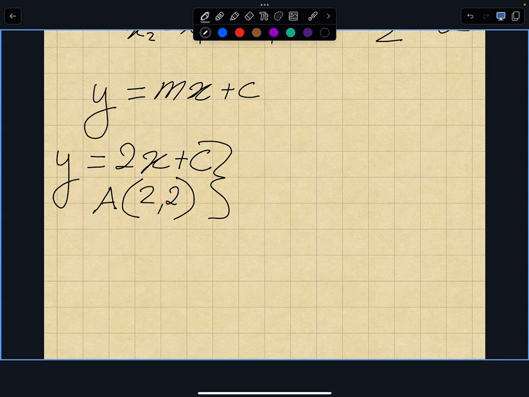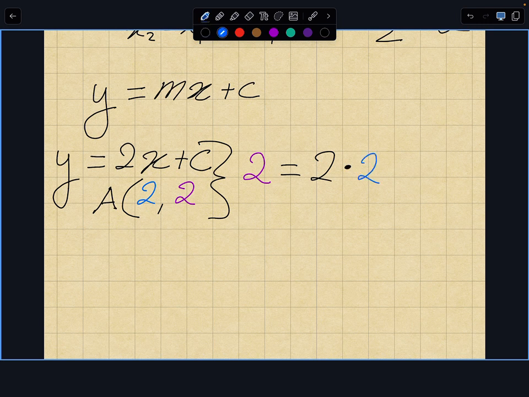So my y is 2. 2 equals, let me change the 2's so you can see a difference. I'll choose purple. Equals 2 multiplied by the 2 plus c. Just filling in the coordinates. This is 2 and that is 2.